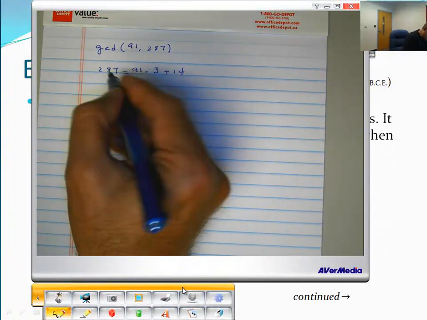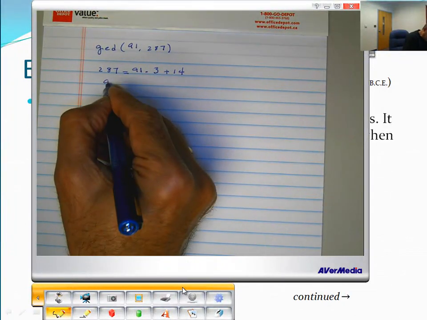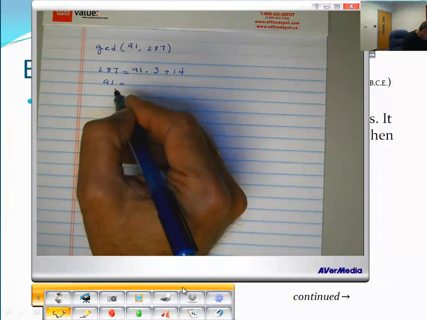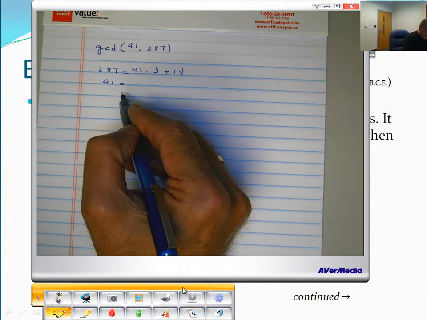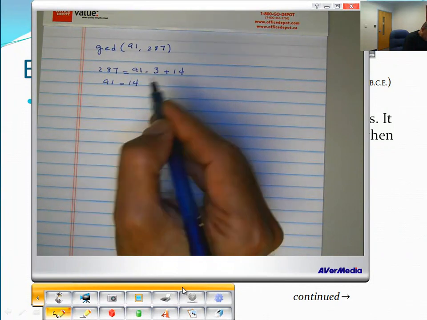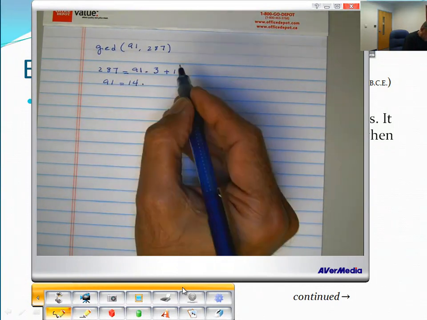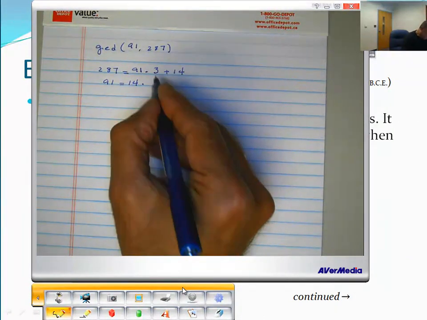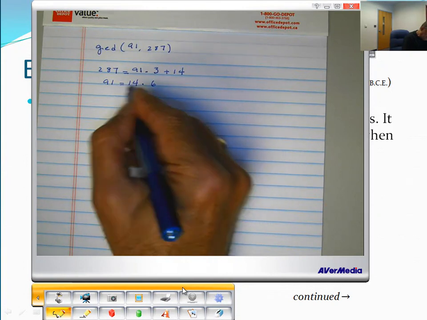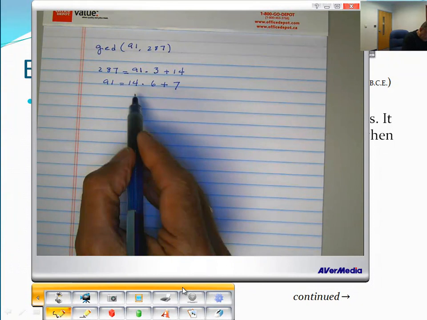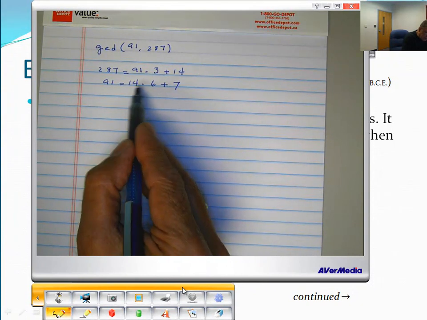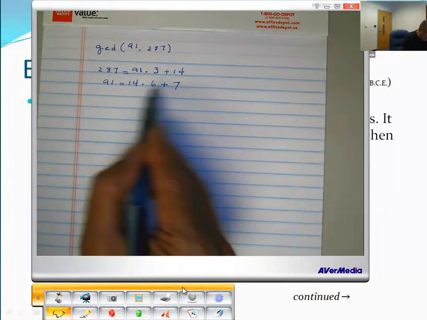And then you take the 91 and you divide it by the remainder, 14, and that becomes 6 times 14, and the remainder is 7. And of course, this is true: 6 times 14 plus 7 is 91.